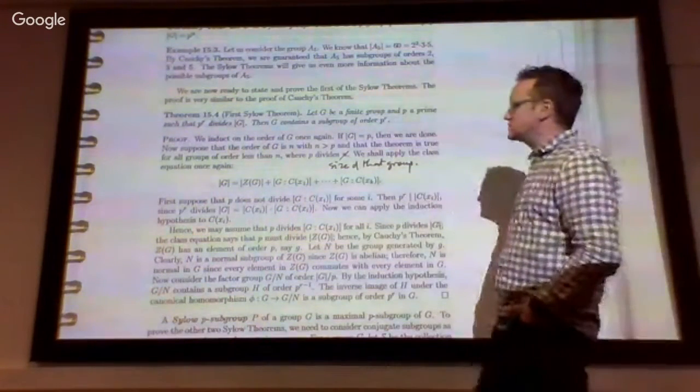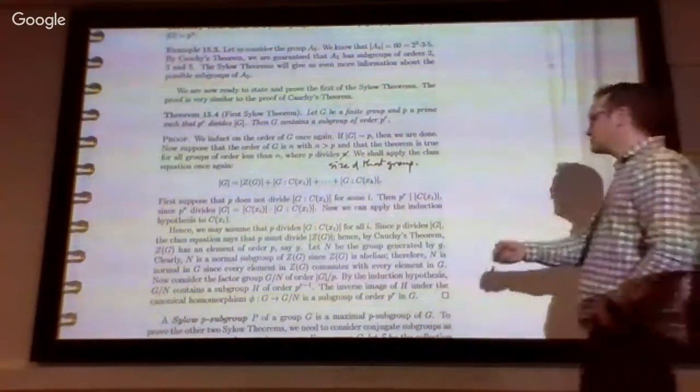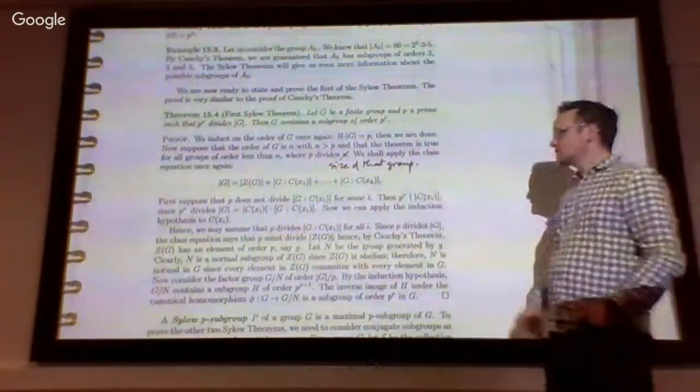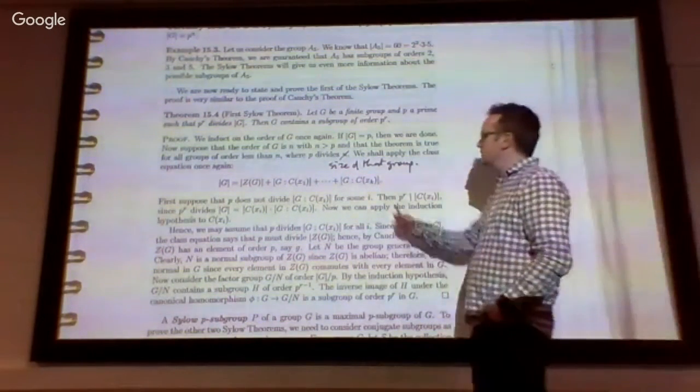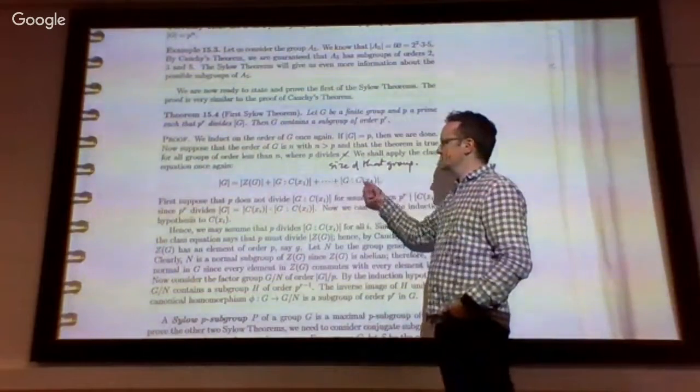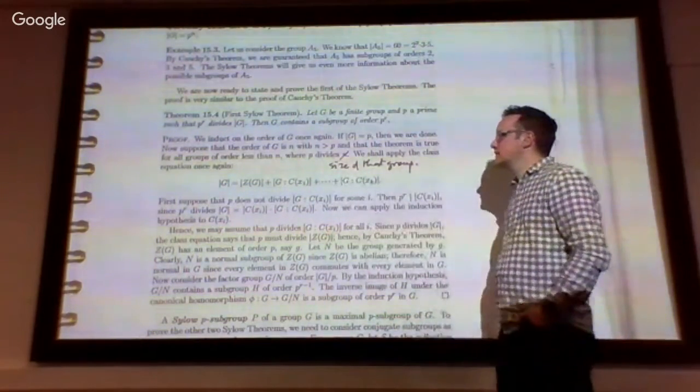So we're going for the class equation once again. He presents it in a slightly different way, but basically, suppose P to the R does divide one of these. Remember, each of these is the quotient, size of G divided by size of the centralizer.